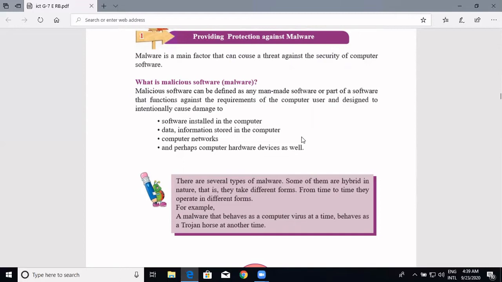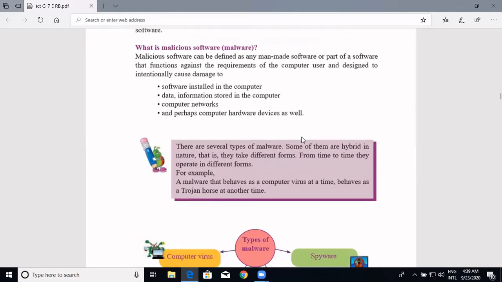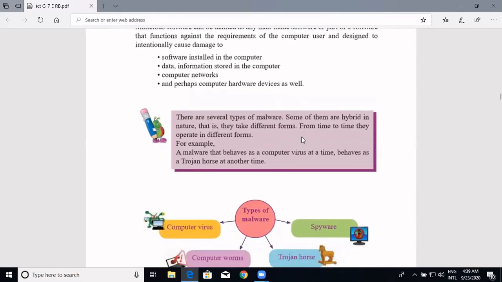So usually there are several types of malware. In your chapter, it's very small, only four are mentioned, but there are so many types of malware. You can go and read these things. They are actually of hybrid nature. What do I mean by hybrid nature? Sometimes they work as a computer virus and harm your computer, but sometimes it's like a Trojan horse.